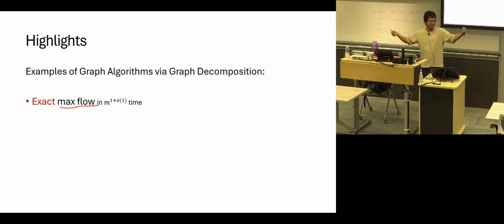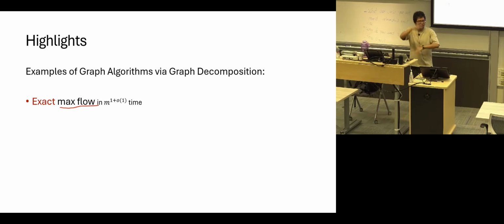That is, you have s and t, and you find many disjoint paths from s to t. People have asked how to solve this for a long time. We know how to solve it in polynomial time, but just in the last 2 years is when we learned how to solve it in near-linear, almost linear time.